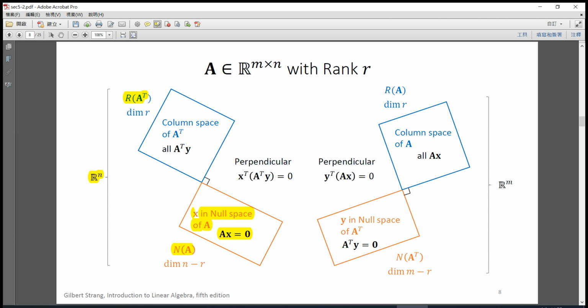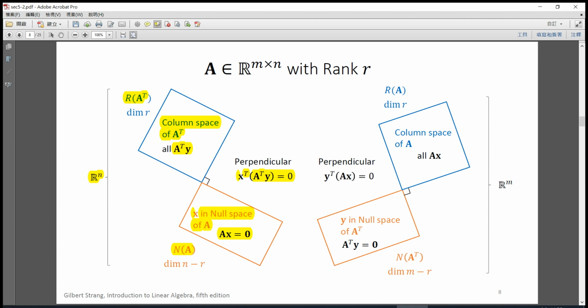And a vector in the column space of A transpose has the form A transpose y. And we have the following condition: x transpose times A transpose y equals 0, where x is in the null space of A, and A transpose y is in the column space of A transpose. And here y is an arbitrary vector in Rm.